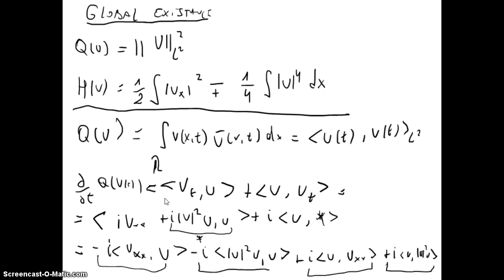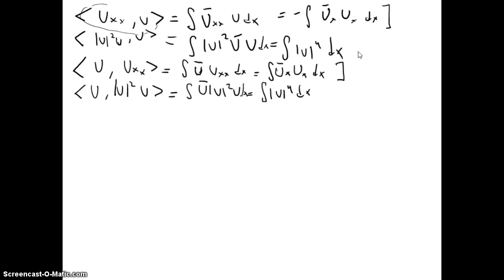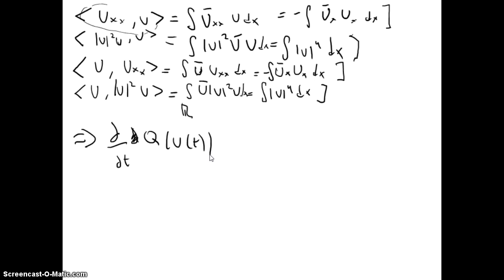All these integrals are over R, and so we finally will have that dQ/dt of Q(u(t)) will be equal to 0. Then Q is constant, and the same thing can be done for H. H will also be a constant.